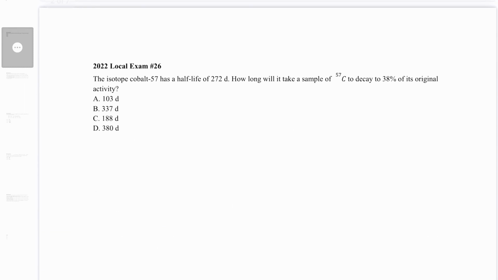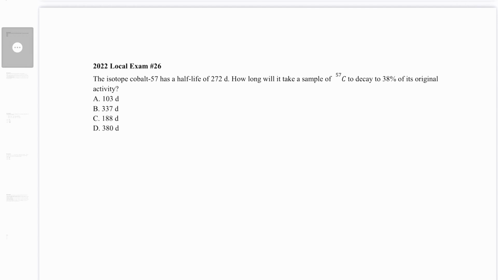The isotope cobalt-57 has a half-life of 272 days. How long will it take a sample of cobalt-57 to decay to 38% of its original activity? Whenever you're asked these types of questions, and these questions have a really similar format, you're going to be dealing with your integrated rate laws. Your integrated rate laws help connect the concentration and the time. So it'll help tell you the concentration at a given time.